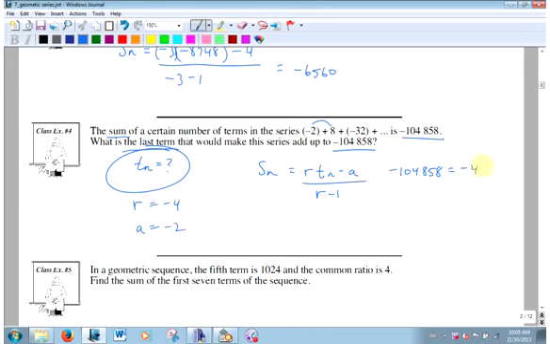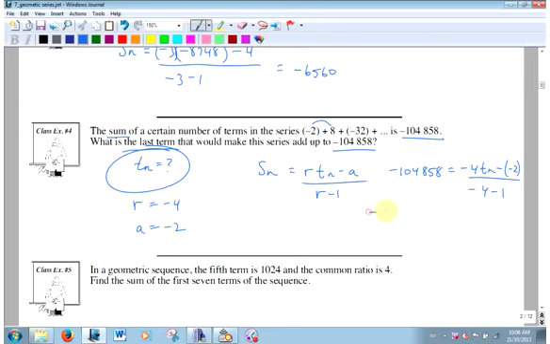So negative 4 times Tn, that's what I'm trying to find, minus negative 2, which is plus 2, but let's write it all out, all over negative 4 minus 1. Everybody okay so far? All I did was put in the substitutions. And remember, it's nice to use brackets when you put in your substitution.